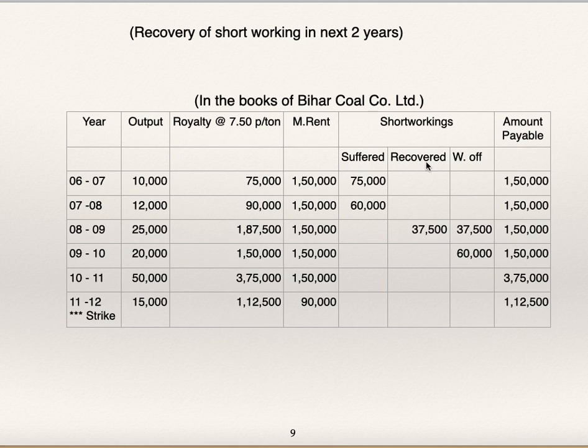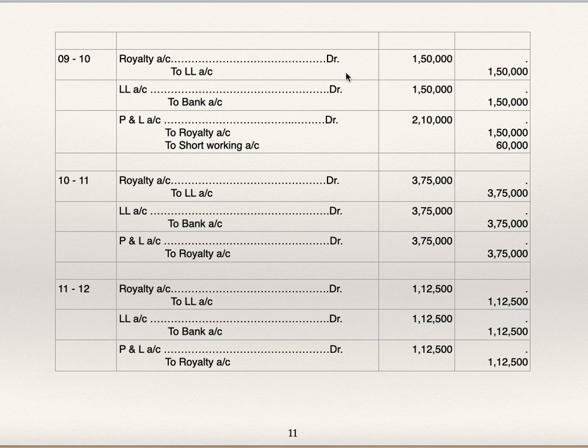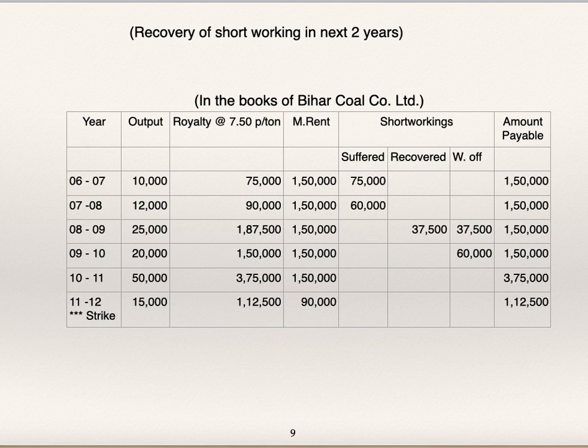So short working in recovered and written off column credit and in suffered column debit. Royalty account debit 1,50,000 to landlord, landlord to bank, profit and loss account debit to royalty to short working. These short workings cannot be recovered, so to be written off to profit and loss account.